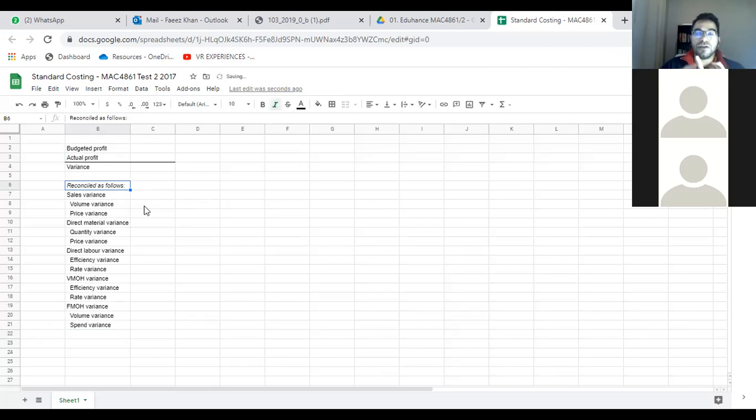It's reconciled through a sales variance, a direct material variance, a direct labor variance, a variable manufacturing overhead variance, and a fixed manufacturing overhead variance. Even simpler, it is through a sales and a production variance. A production variance is made up of those four things that makes up the cost of a product.